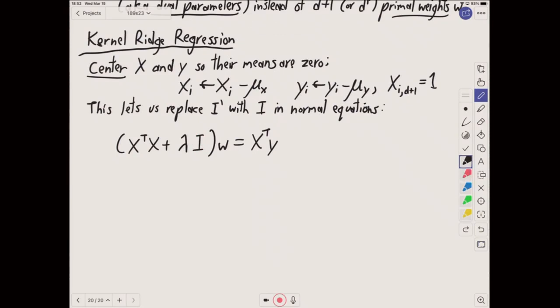All right, so let's look at how we could solve that with dual weights. Well, suppose that our vector of dual weights A is a solution to the following equation.